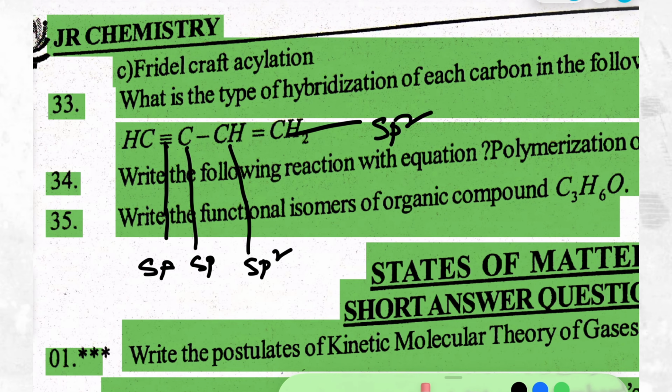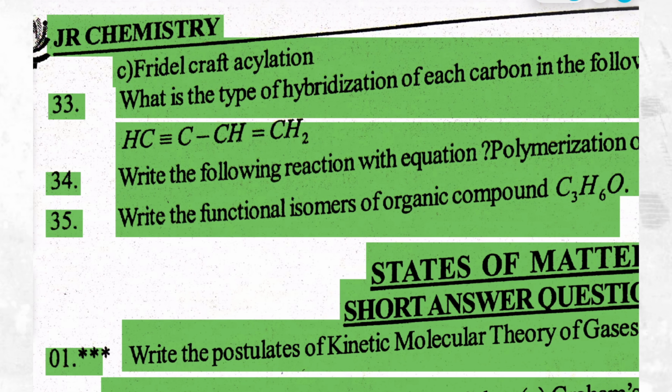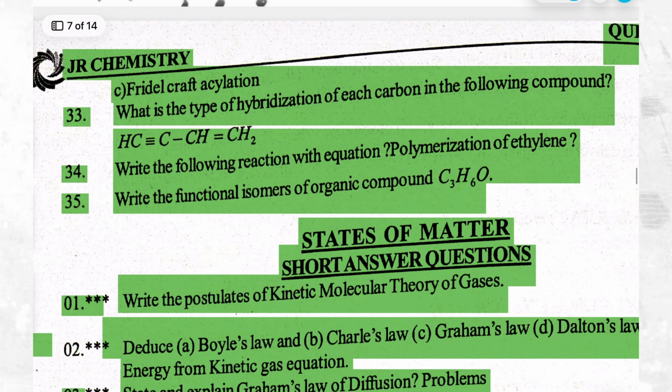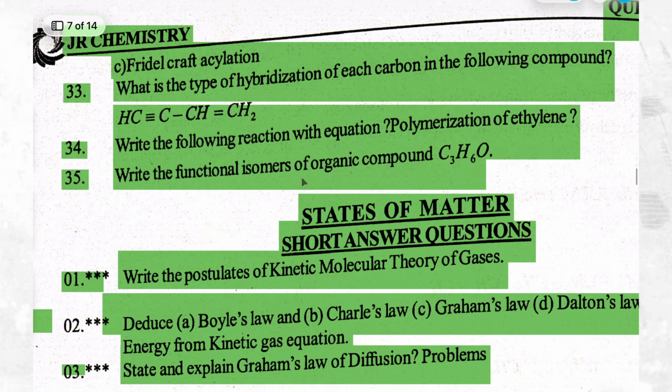Organic chemistry is mostly very easy if you know the basics. If you don't know anything about the basics, you won't understand organic chemistry. Clear, friend? That's it. Now write the following reactions of polymerization. Polymerization has so many examples.